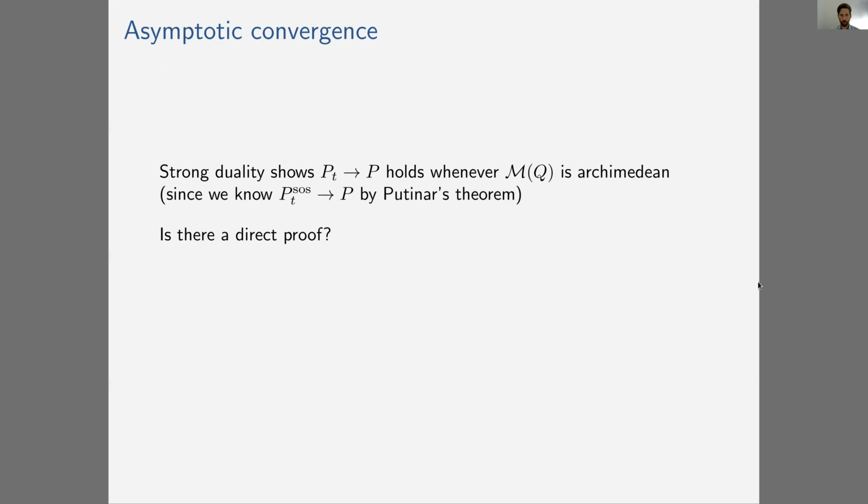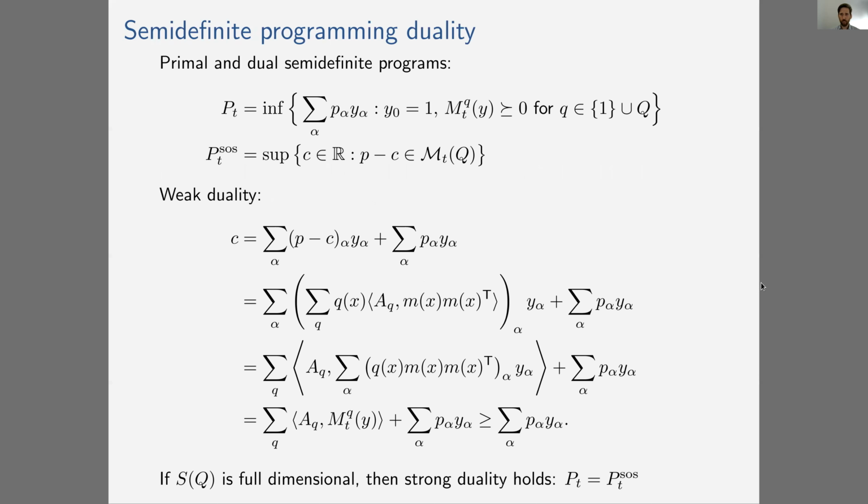Let's go back for a second. Here we have this minimization problem with this truncated moment matrix. And this y is a vector indexed by exponent vectors of degree at most 2t.